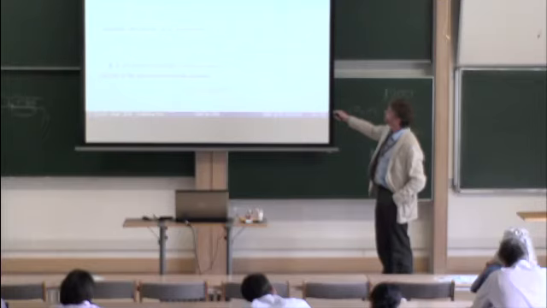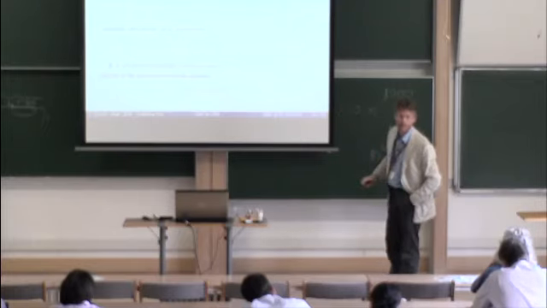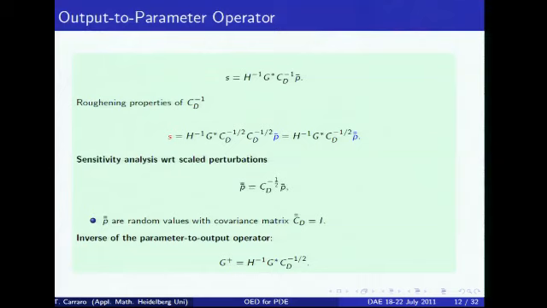So the perturbation in the parameter s is given by this operator, which goes from the data to the parameter. If I consider this whitening property of CD, I just split CD into the product of square roots. I consider a scaled perturbation p double bar, which is the inverse of the square root of CD times the perturbation we are considering now.